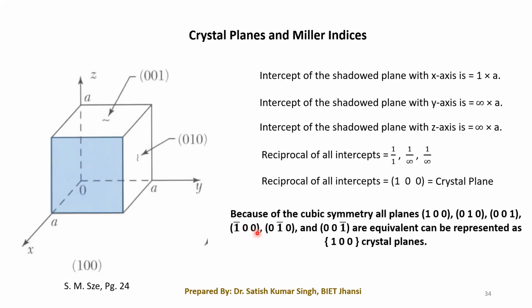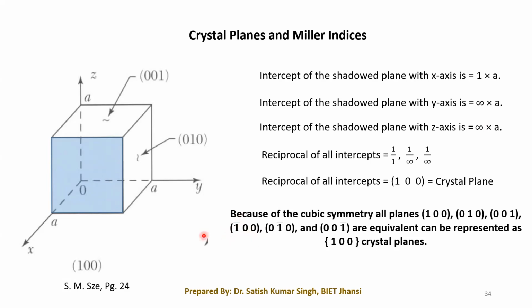In a similar way we get 0 1 bar 0 and 0 0 1 bar. This 1 bar represents that the plane has its intercept at negative dimensions; if we go to the negative side of x, then the intercept is actually negative.